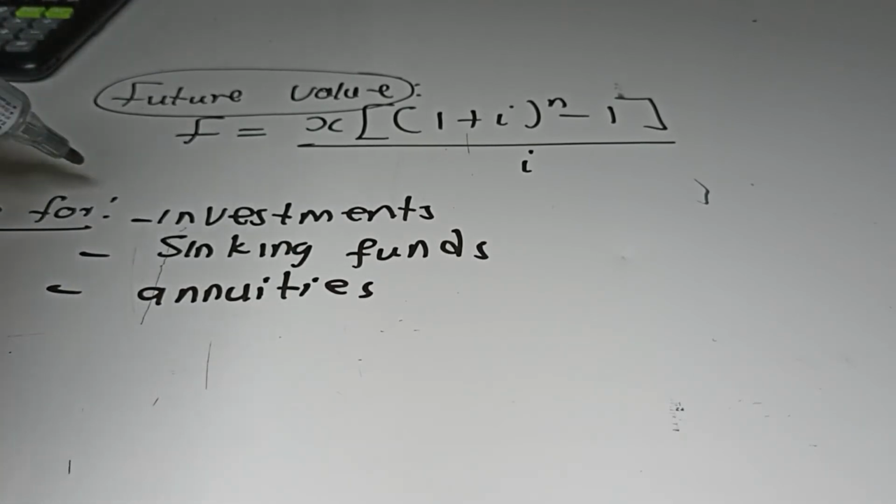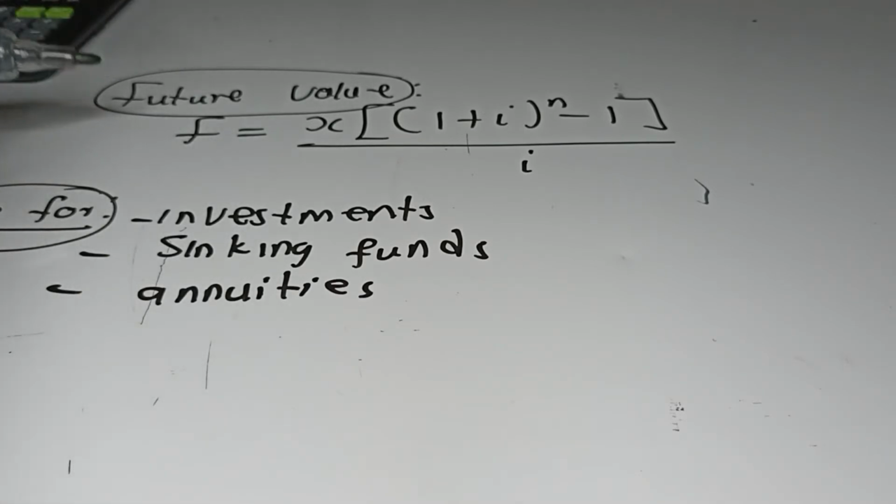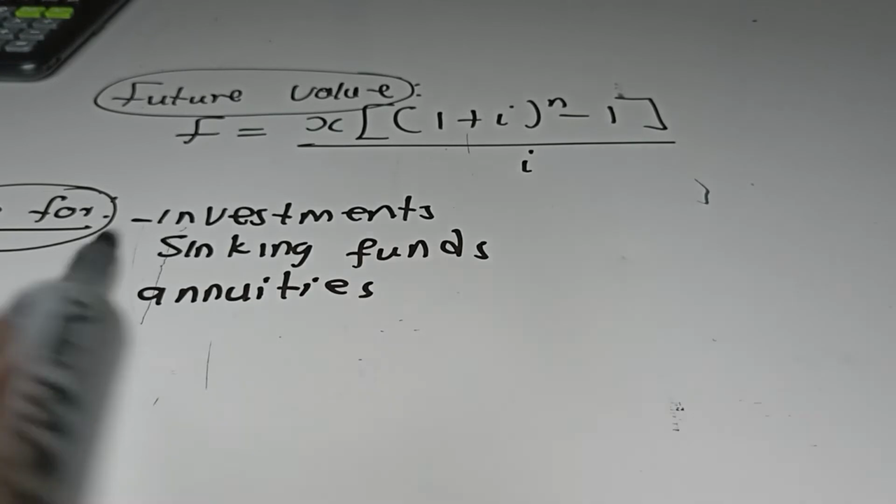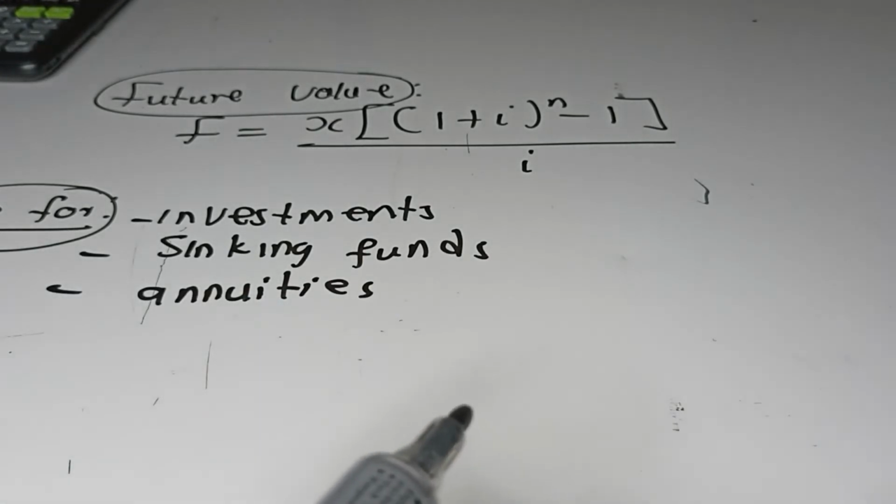So here we have information that shows us when to use the future value. We use the future value for investments, sinking funds, and annuities. You only have to note these few checklist items here. After that you can see this is the future value, this is the present value, without guessing.